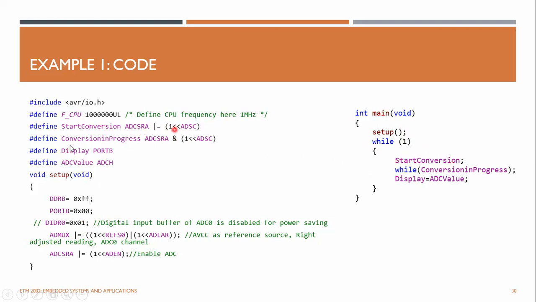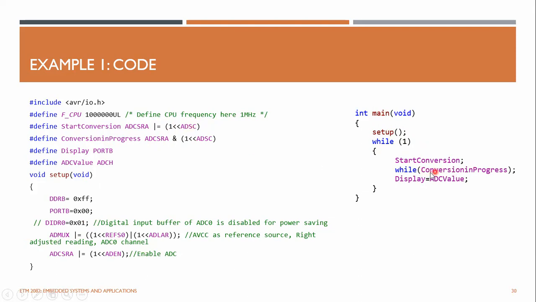Start conversion is setting this start conversion bit. Once the start conversion is done, you can wait while the conversion is in progress. It is checking whether this bit is 1 or 0. Like I mentioned, once you set it, it will stay set until the conversion is done, and this bit is cleared by the hardware once the conversion is completed.